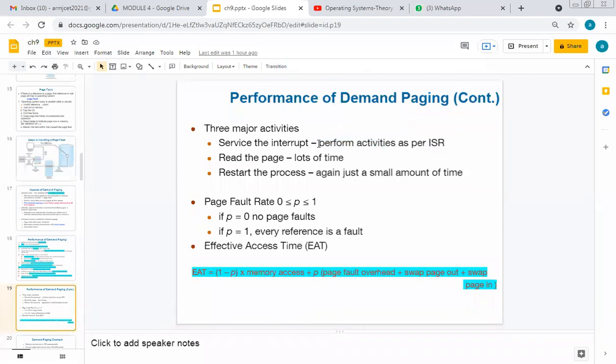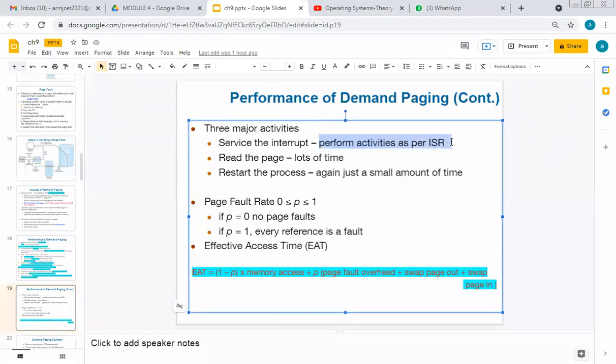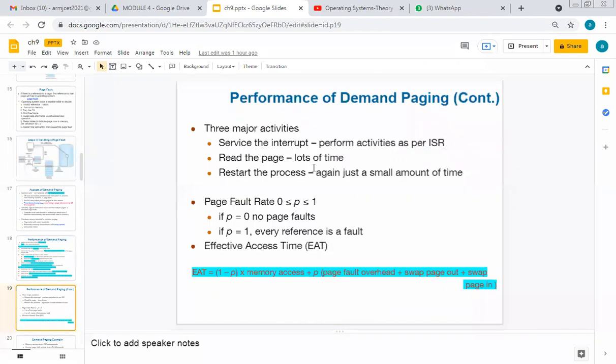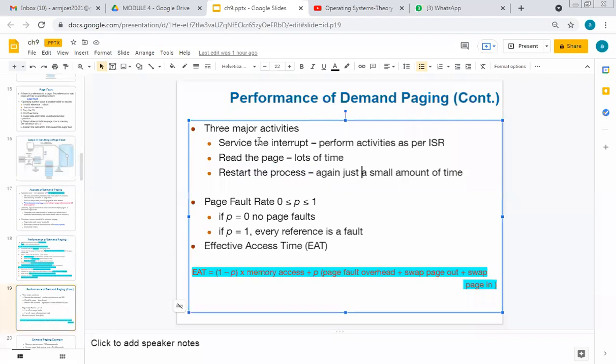It has to perform all the activities as given in the interrupt service routine table. Read the page you have got recently, and then restart the process. Very simple. Because you missed, some resources were not available. You have requested, wait till you get it. Once you get the resource, read it, then start your work.